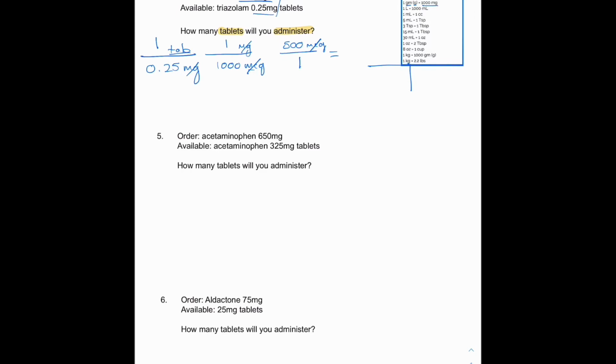So 1 times 1 times 500 is 500. And then 0.25 times 1,000 is 250, which is equal to 2. 2 what's? 2 tablets.